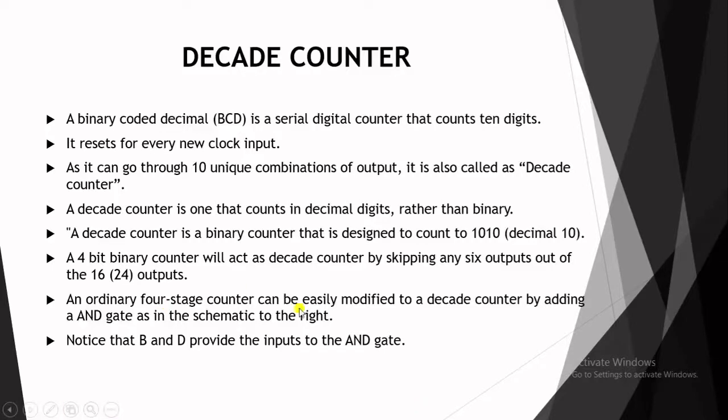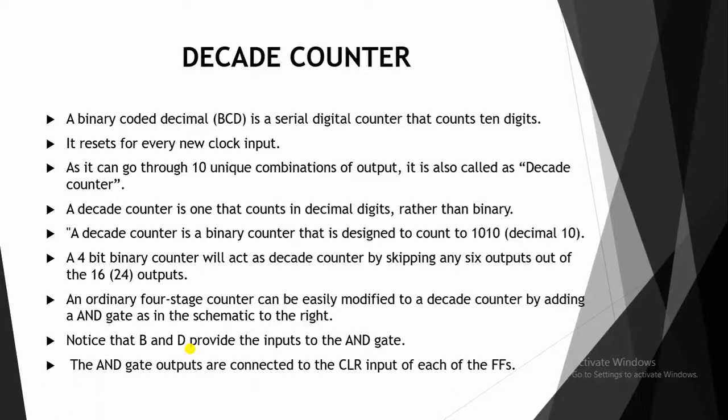Okay, this will be clear when we see the circuit. In the decade counter we also use 4 JK flip-flops. First flip-flop is named as A, then B, then C and then D. Out of this, B and D provide the input to the AND gate.